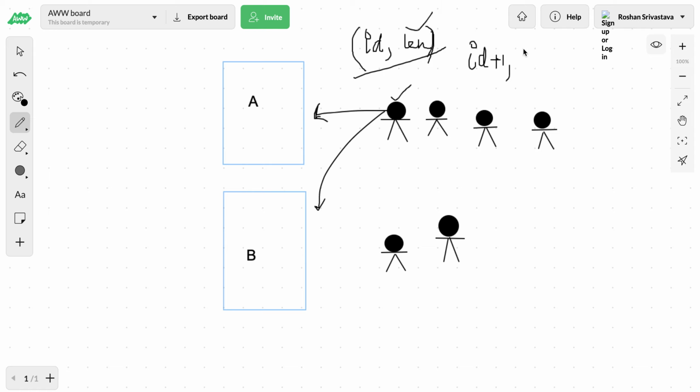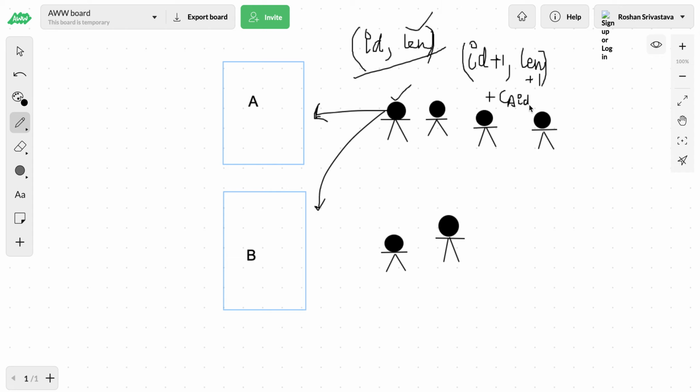And if this is going to city A, then this should be len plus 1, and this answer should be added to the cost of this person to fly to city A. So we would add this cost, let's say cost A for ID.